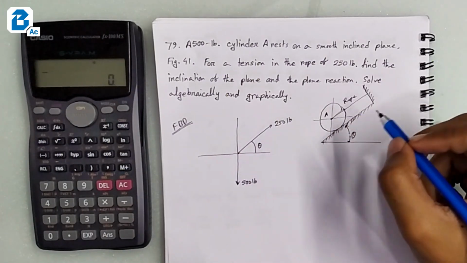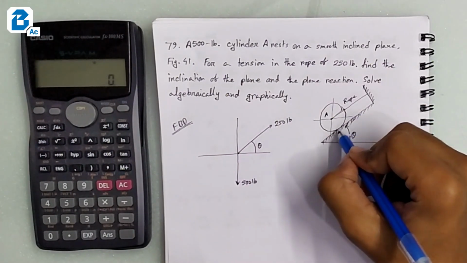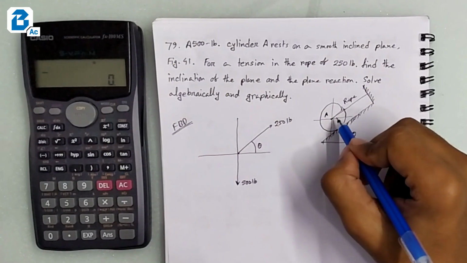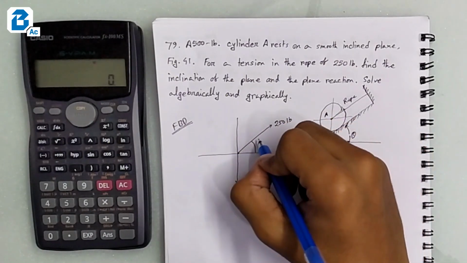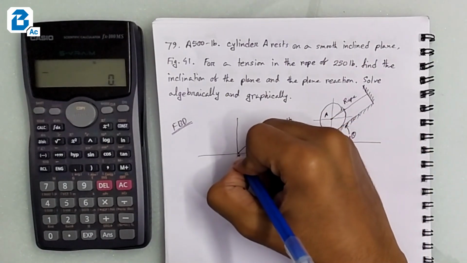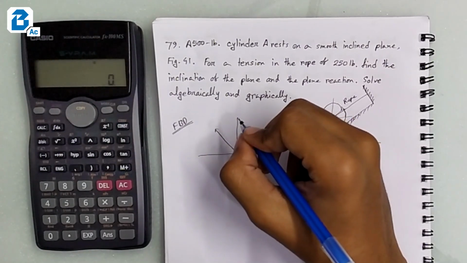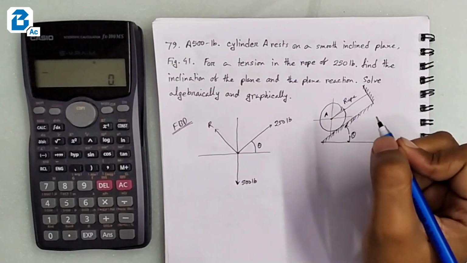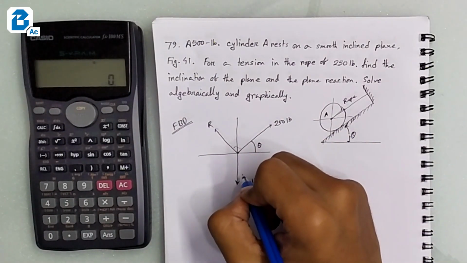And the reaction of the surface will be perpendicular to the surface. So it will be 90 degree with the surface, and we can replace it here with the tension in the rope. So it will be 90 degree from the rope. And let's call the reaction R. Here this is the 90 degree angle.